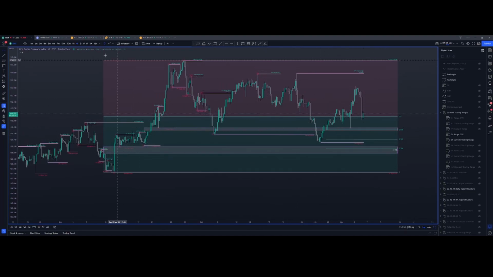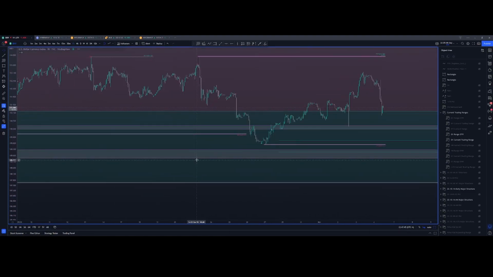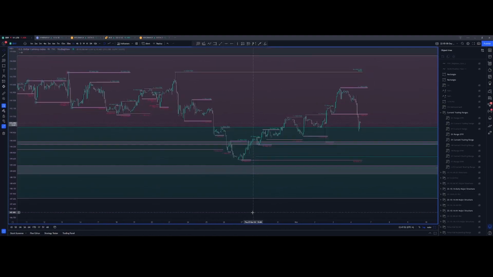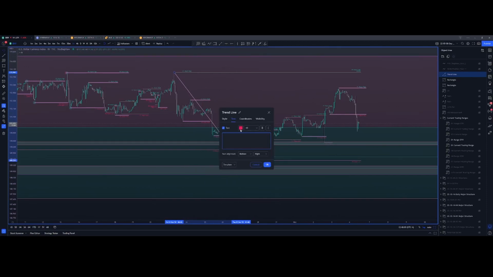So let's look at the H4 and the H1 relationship here, just to see what the points of interest are on that. So I'll drop the H1 structure on again so we can see that. So H4 range at this point is here. So I'll mark that out just so we can see it nice and easy. That is the H4 range that we're concentrated on at this point in time.